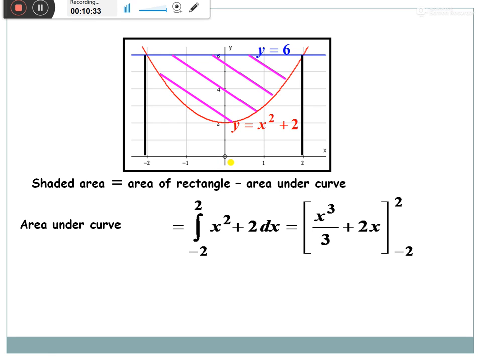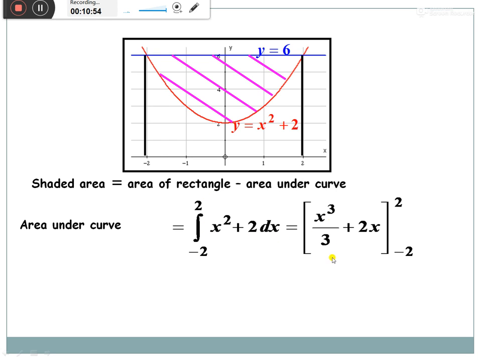And now area under this curve y is equal to x square plus 2. We have to find this area, and now the limits will be, because it is between x is equal to minus 2 and x is equal to 2, and therefore we have to consider limits from minus 2 to 2 of x square plus 2 dx.